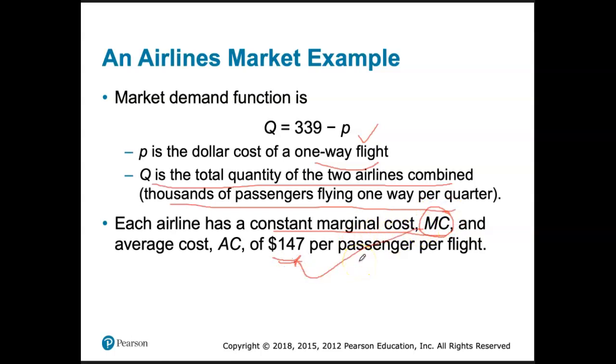Okay, again, the question is how many passengers should American Airlines fly? So AA, which is American Airlines, how many passengers should it fly? That is what we're trying to answer. To solve this, I'll go through it really slowly so you can understand what is going on.